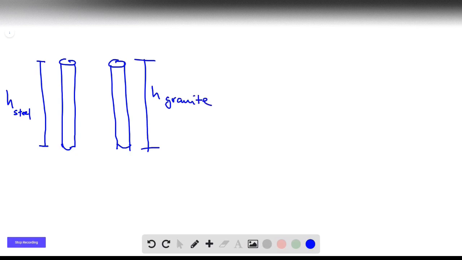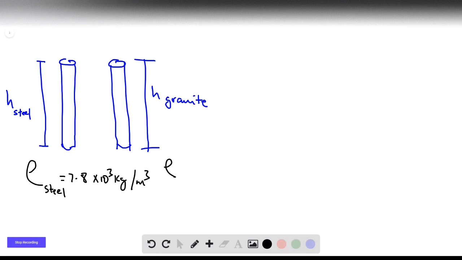The steel itself has a density. We're given the density of steel as being equivalent to rho. Rho is the symbol for density, and the density of steel is equal to 7.8 times 10 to the 3 kilogram per meter cubed.